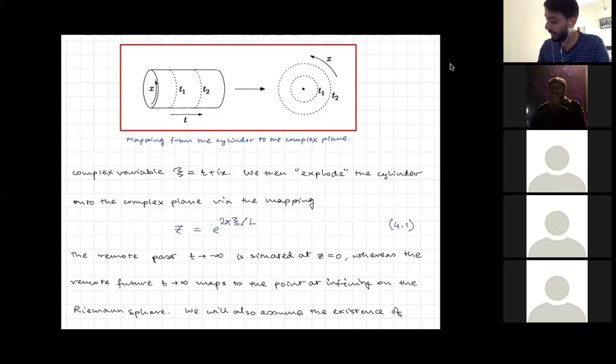And t equal to plus infinity maps to the point at infinity on the Riemann sphere. So when I say that we are exploding the cylinder onto the plane, it is not quite true. We are also including the point at infinity, so it's more the Riemann sphere than the complex plane. Let's just keep that in mind as well.